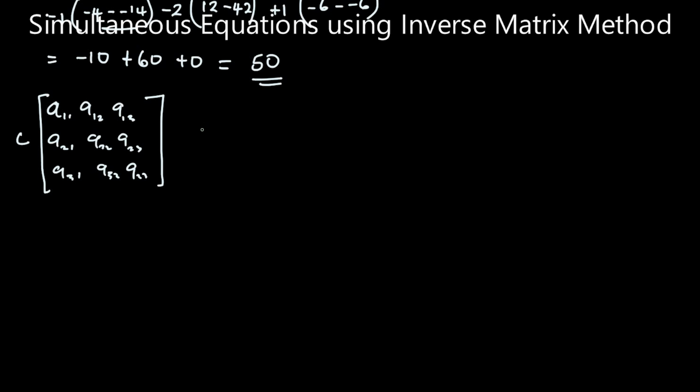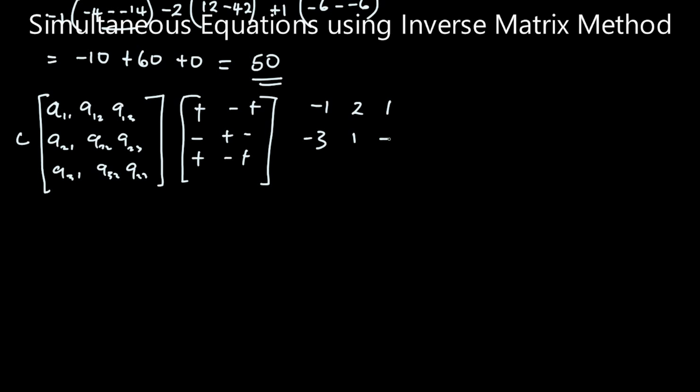So for A11, we have the sign plus, minus, plus, minus, plus, minus, plus, minus, plus. We have our matrix minus 1, 2, 1, minus 3, 1, minus 7, minus 6, 2, minus 4.